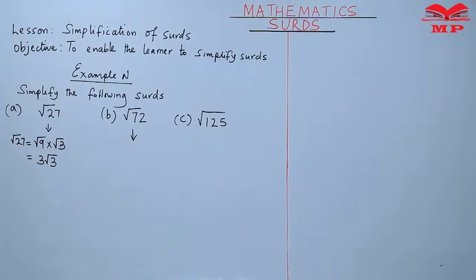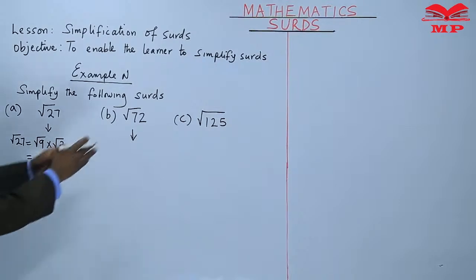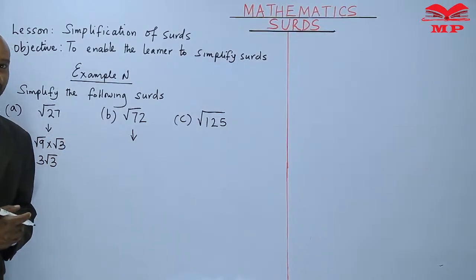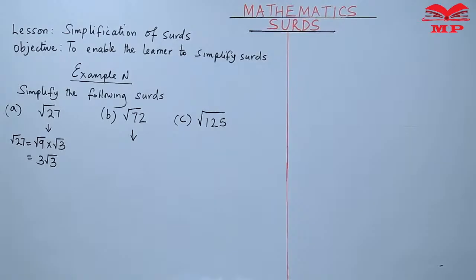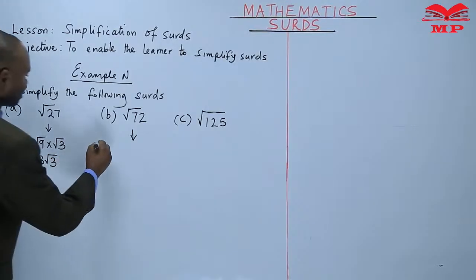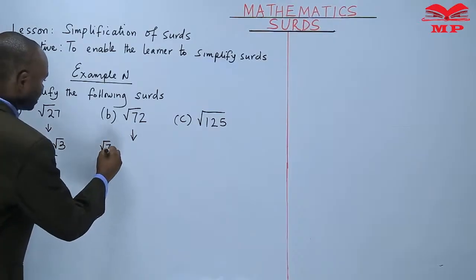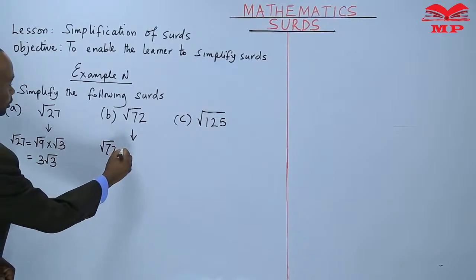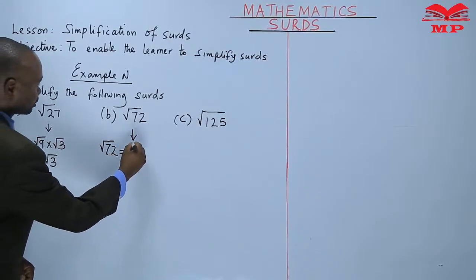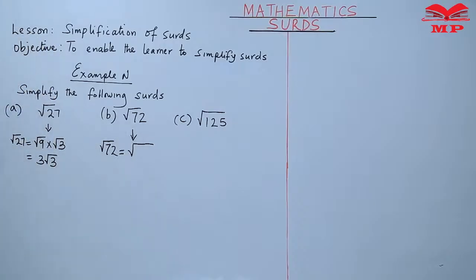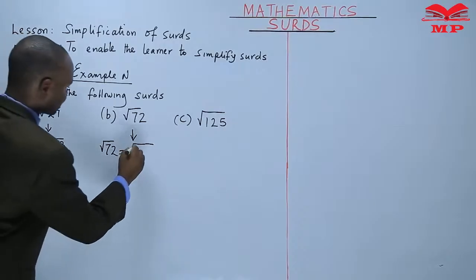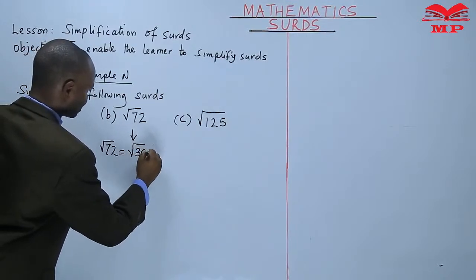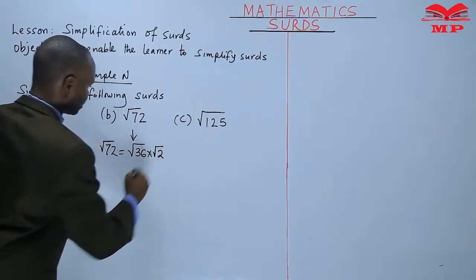Square root of 72 qualifies to be a surd because it does not have a perfect root. So you'll say square root of 72, learner, will be equal to square root of 36 times square root of 2.